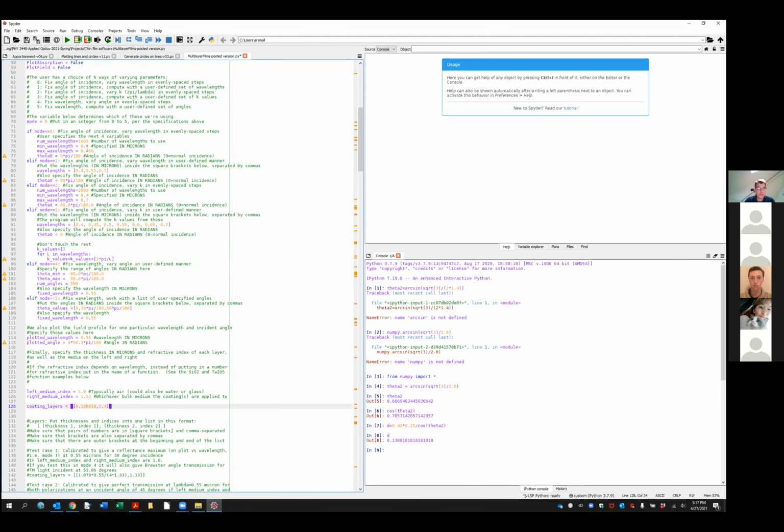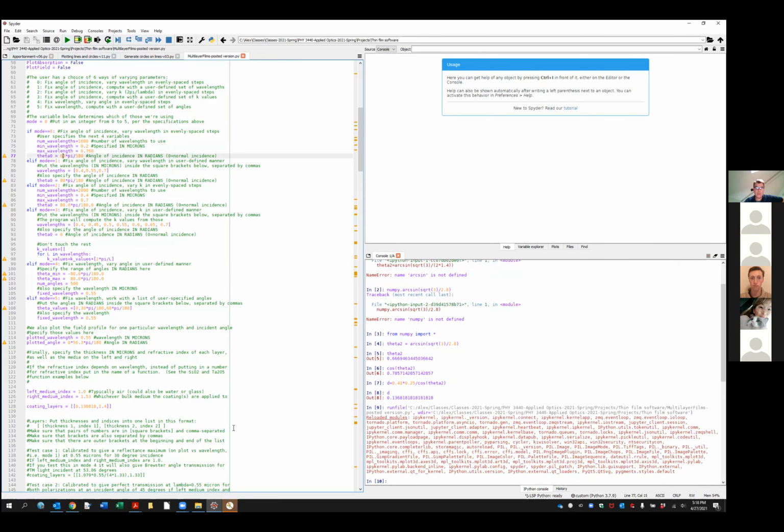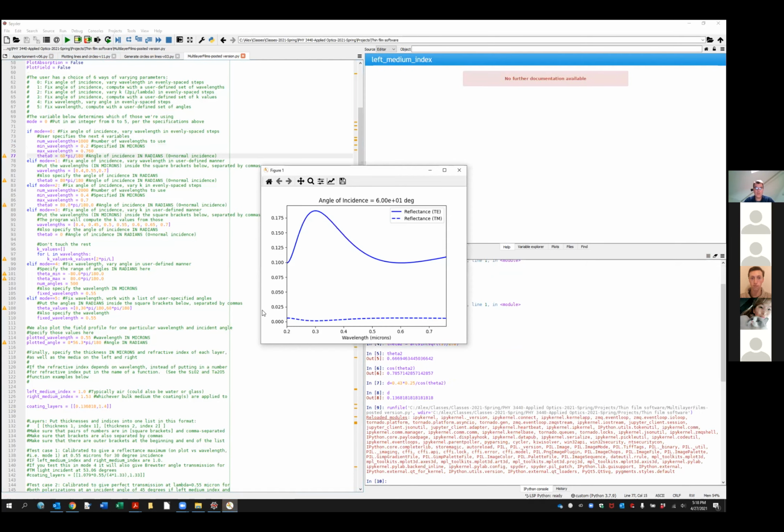All right, let's check what mode we're in. We're playing with the wavelength from 0.2 to, well, I'll take it up to 0.3. No, I'll take it to 0.2. Yeah, we'll run with that. And we're working at an angle of, we probably don't want an angle of 0 degrees. We want an angle of 60 degrees. And we get not at all what I expected.